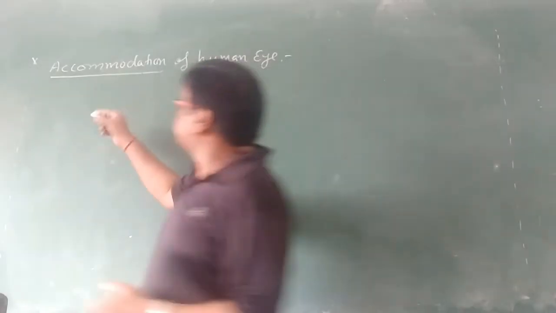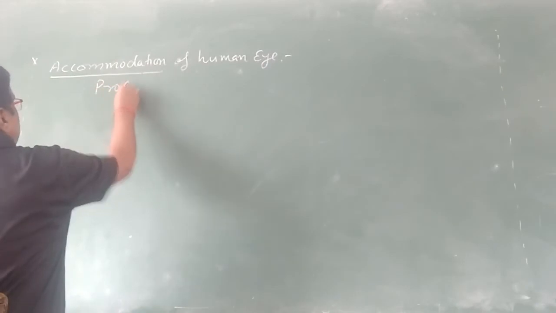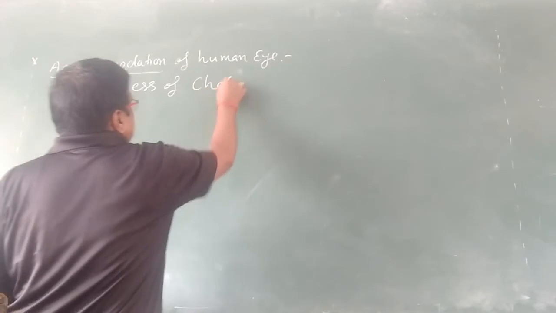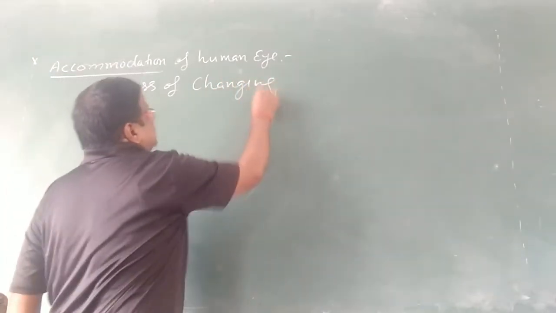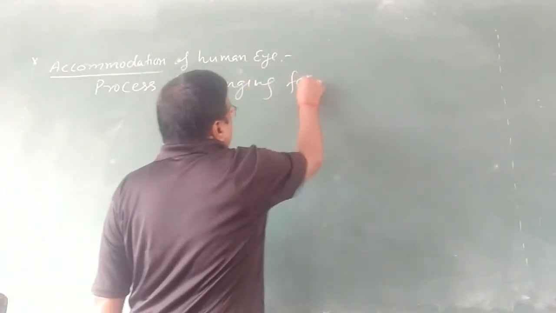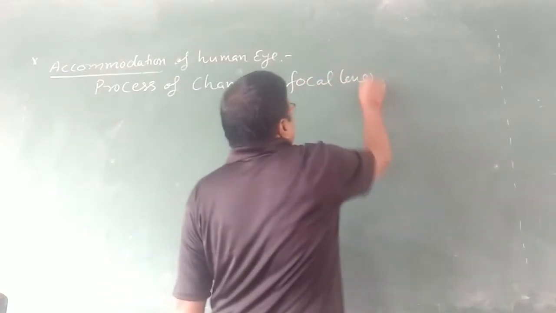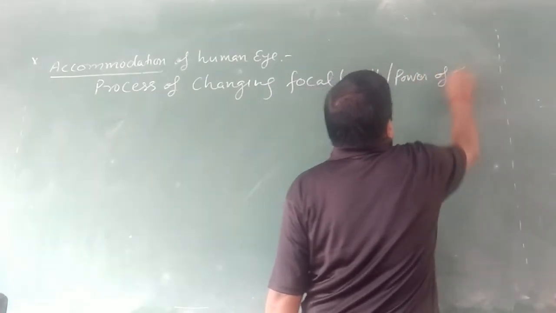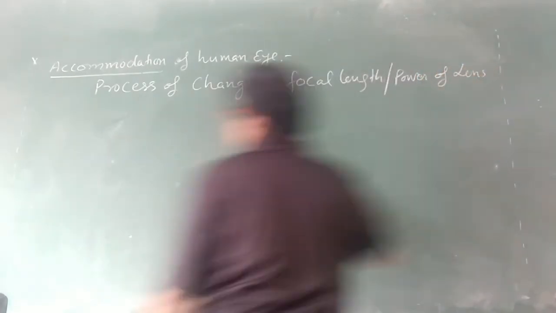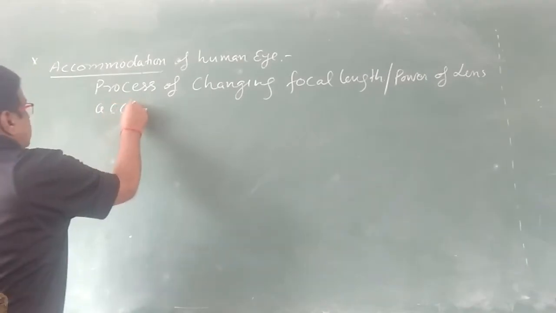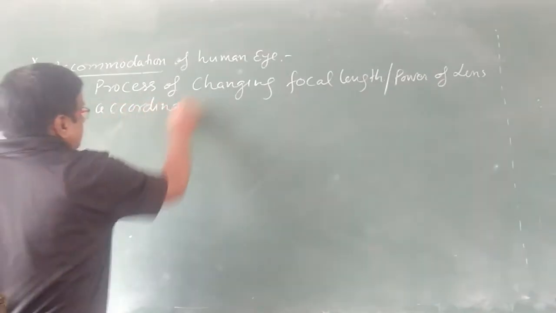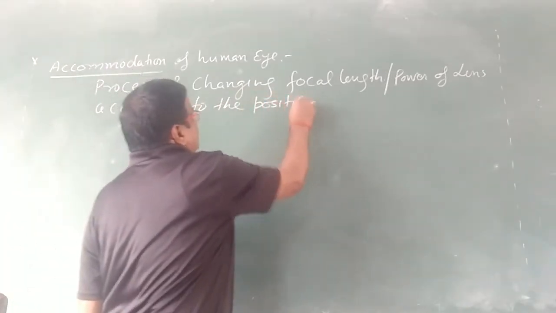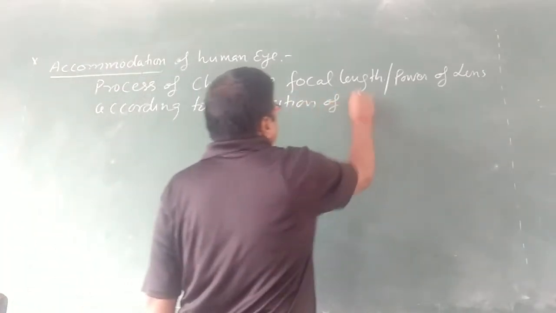So accommodation is called the process of changing the focal length or power of the lens according to the position of the object.